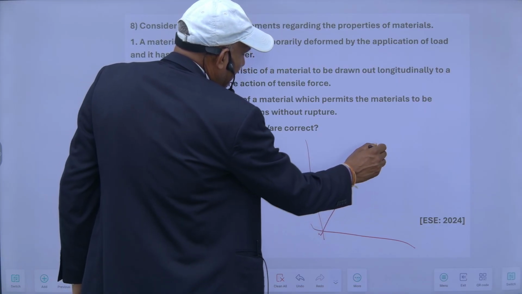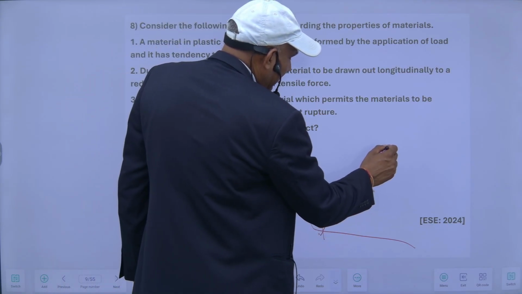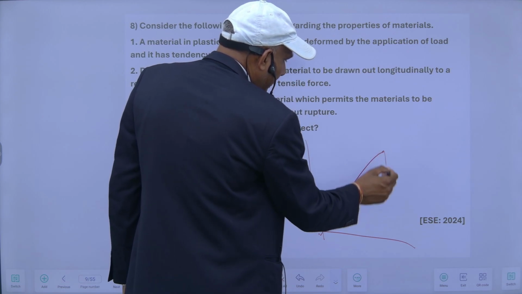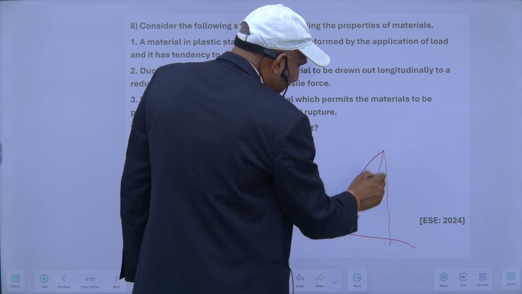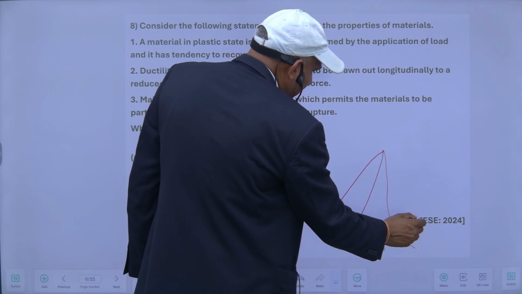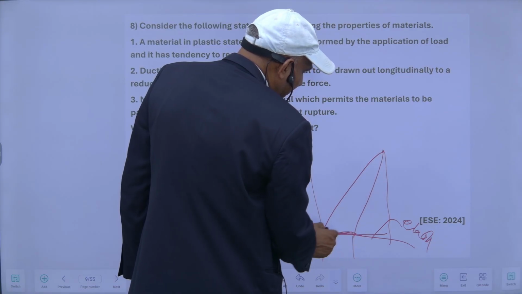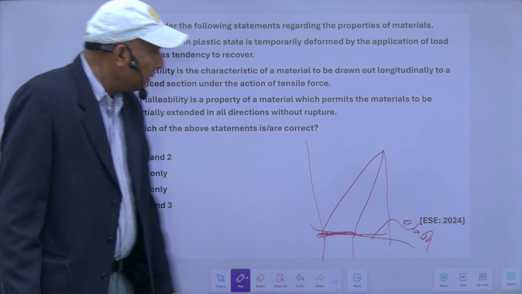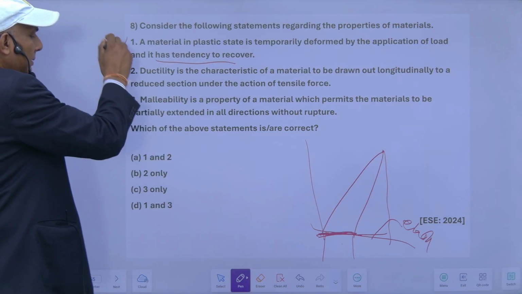If I have stressed it beyond the elastic limit, then it will not regain the whole strain. So this is my elastic recovery as I have explained, and this is the permanent deformation. So full recovery will not be there. So this is wrong.